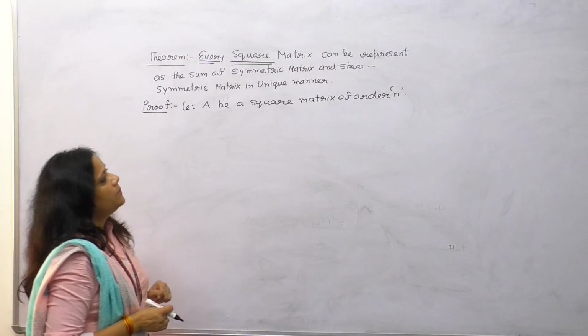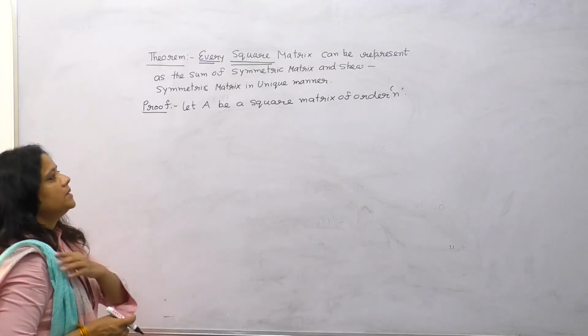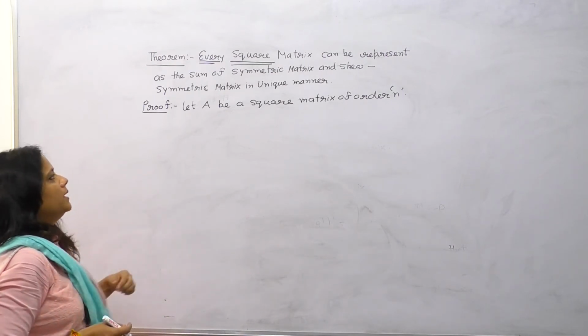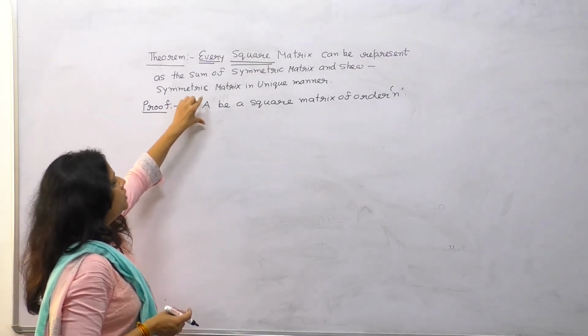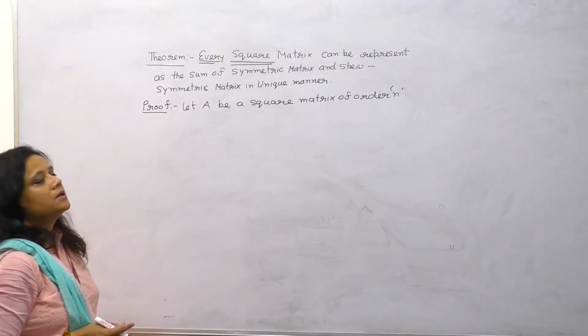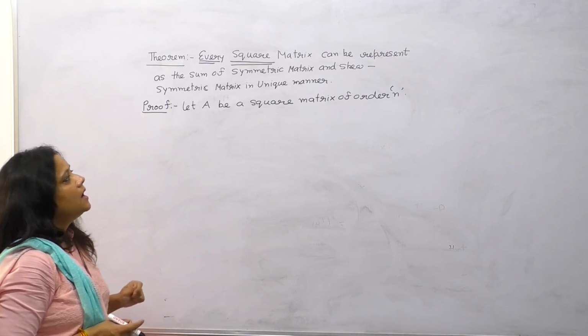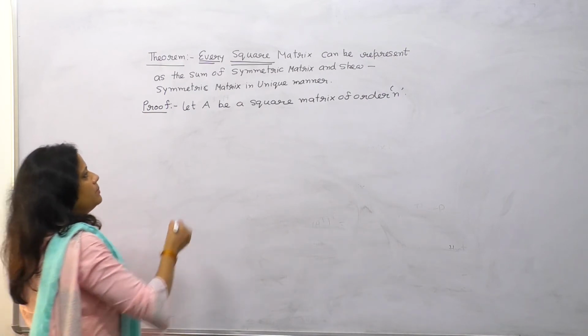Now every square matrix can be represented as the sum of a symmetric matrix and a skew symmetric matrix. So we have to find two matrices such that one is a symmetric matrix and the other is a skew symmetric matrix.